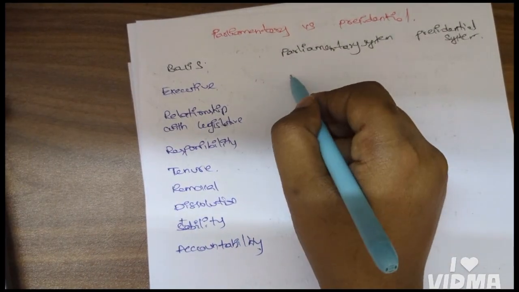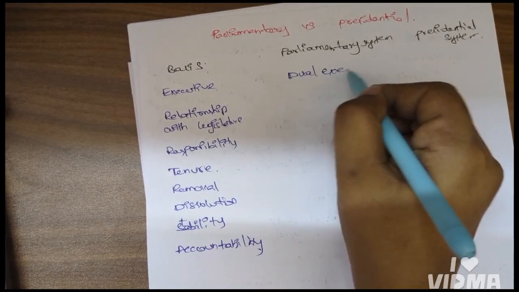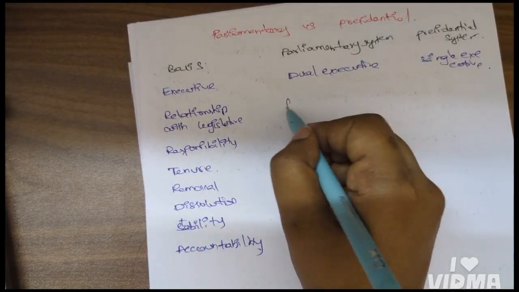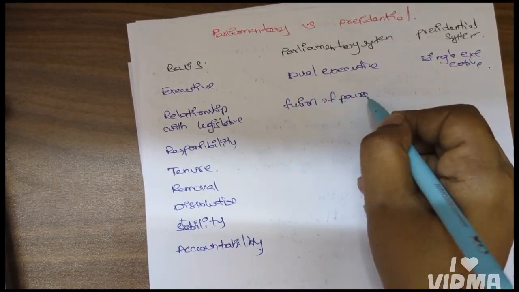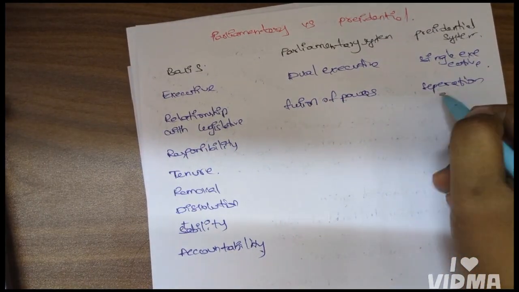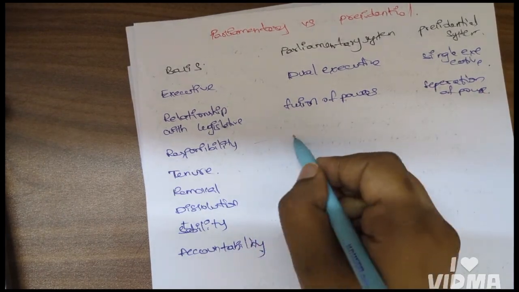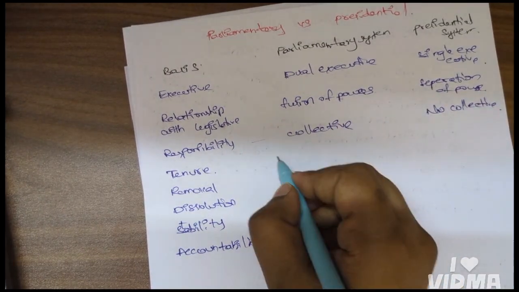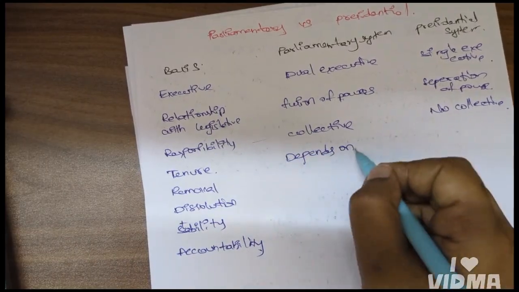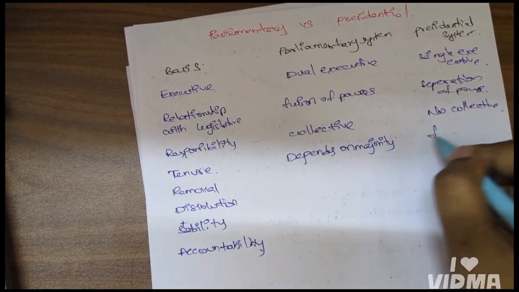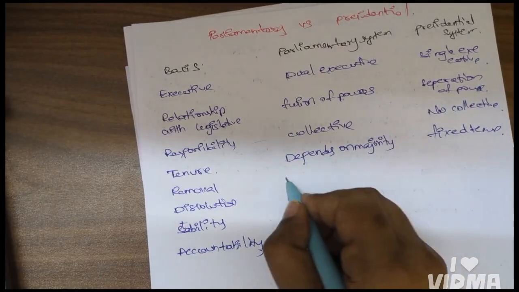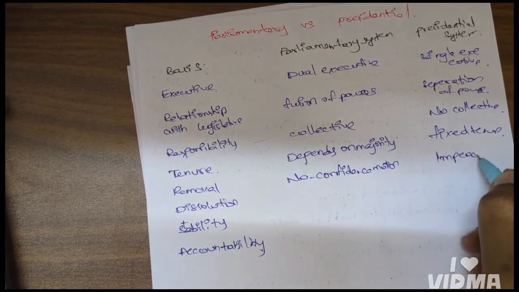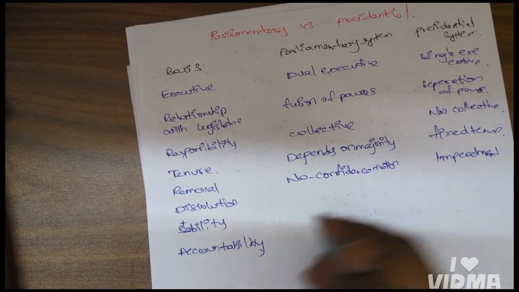So, the parliamentary system has the dual executive, and the presidential has the single executive. The parliamentary has the fusion of powers, and presidential has separation of powers. Parliamentary has a collective responsibility, presidential has no collective responsibility. Tenure depends on the majority in parliamentary, and it is a fixed tenure in presidential. No confidence motion is passed in the parliamentary system to remove, and presidential has the impeachment.